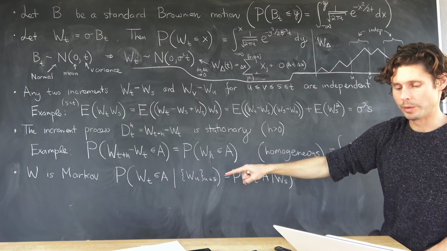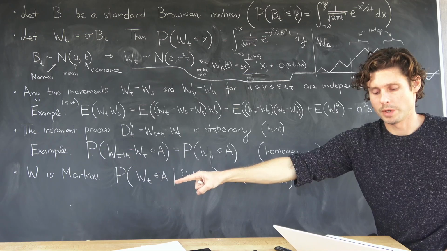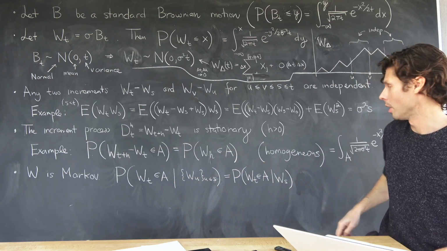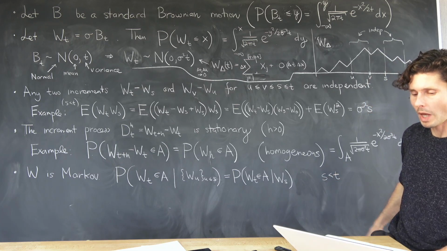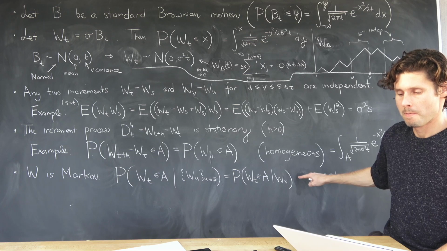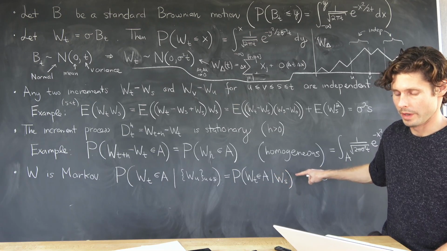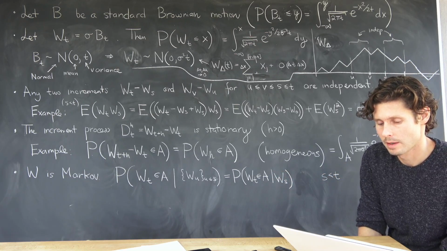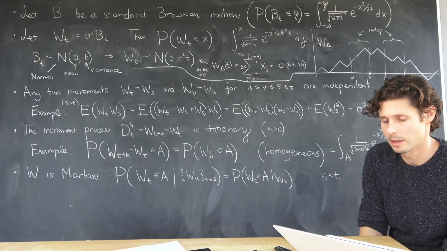And finally, you should be able to do the same thing for the Markov property. The probability that we find the Brownian motion in set A, given that we've observed the whole path of the Brownian motion up to time s, and here I'm again assuming s is less than t, should equal this probability. Specifically, you only need to know where the Brownian motion was at time s to be able to compute the distribution that it has at time t.